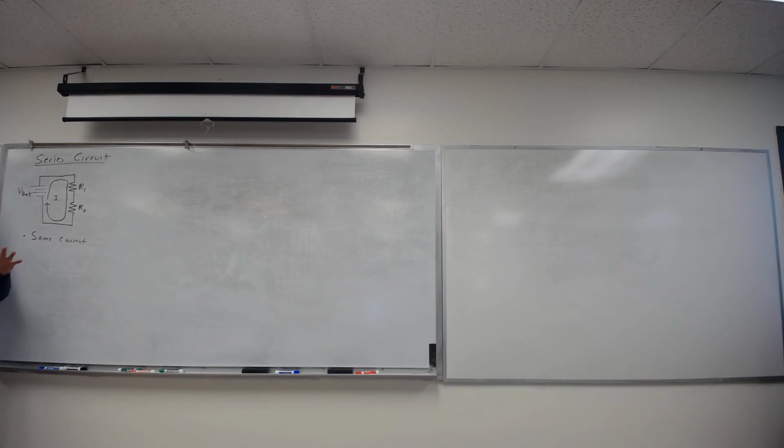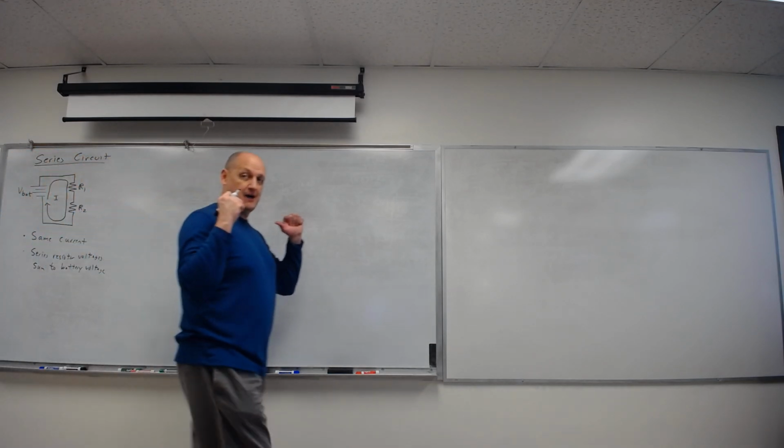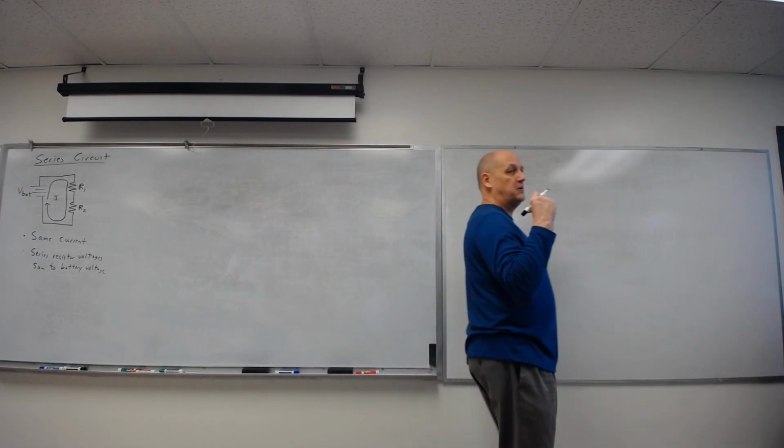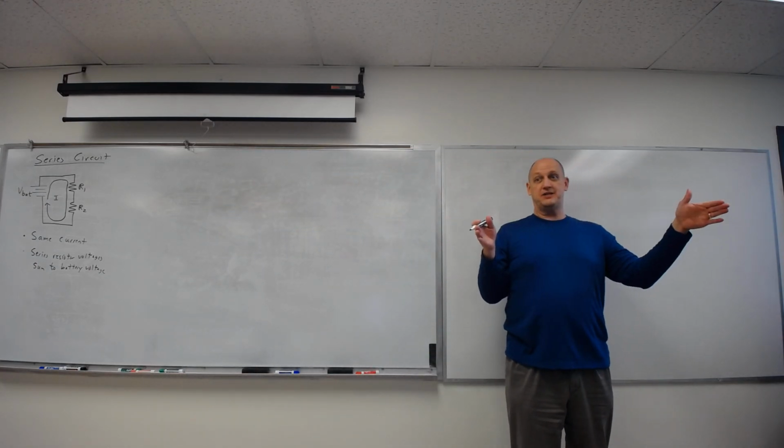Now I'm going to give you a simplified version of voltage, which we'll expand later, which is that series resistor voltages sum to the battery voltage. Again, I asked you this question on last week's lab and said, what do you see when you put these 3 light bulbs in series?